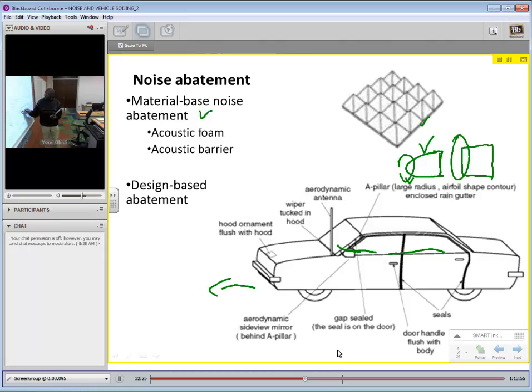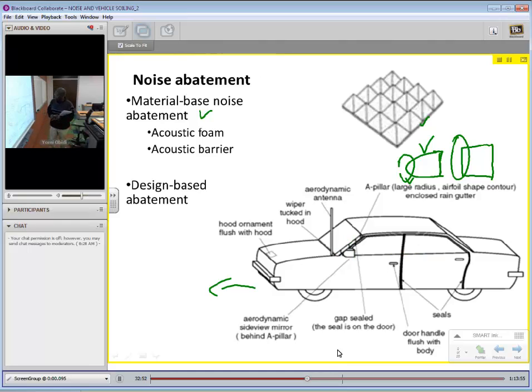But if the mirror was before the A-pillar, if the mirror was here instead of here, it would cause flow separation that would just cause a lot of turbulence in this area. So you want the mirror to be behind the A-pillar. This is the A-pillar, and this is the mirror behind it. It's important in location.